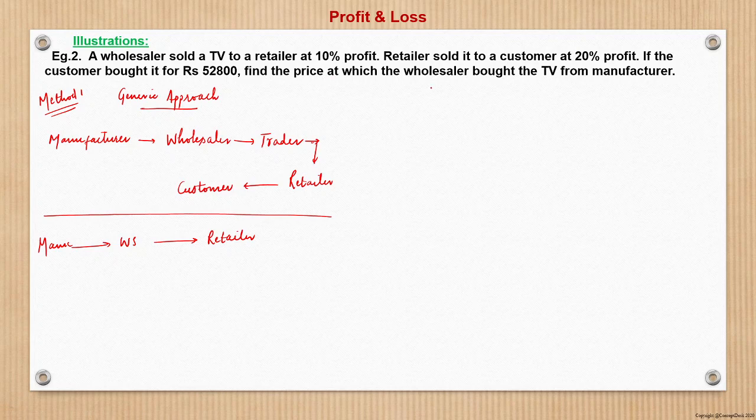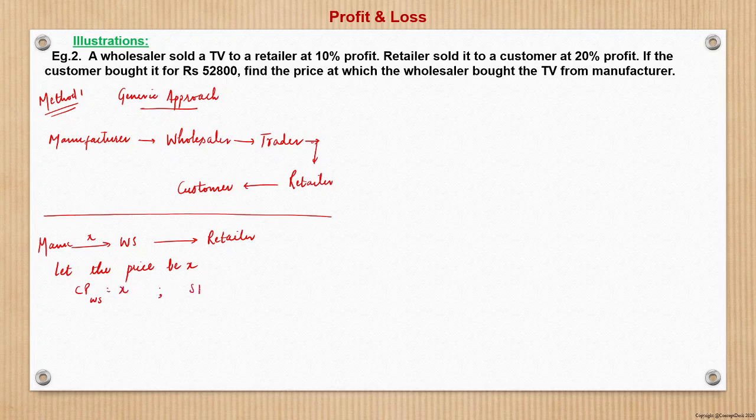So find the price at which the wholesaler bought the TV from the manufacturer. Let the price be X, right? And then at X price he sold it to the retailer. So the cost price for the wholesaler is nothing but X. CP for wholesaler is X.